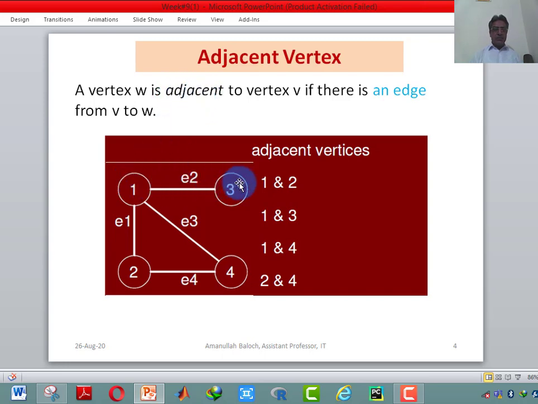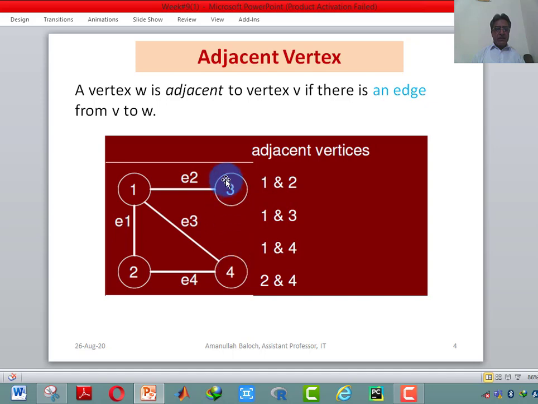Then 1 and 2 vertices are adjacent, if there exists a single edge, 1 to 2. 1 to 3, there exists a single edge. 3 to 4, there does not exist a single edge.